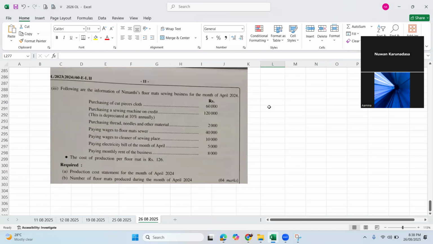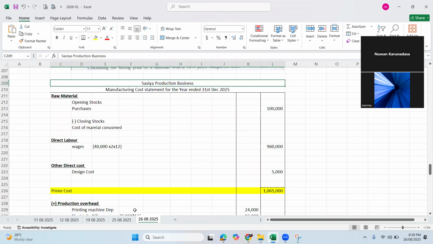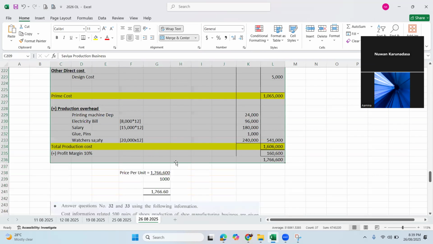Then go for the second. Following is the information of Nimanti's floor mats sewing business for the month of April 2024. They're asking for the required production cost statement for the month of April 2024, and the number of floor mats produced. So we'll do the production cost statement.